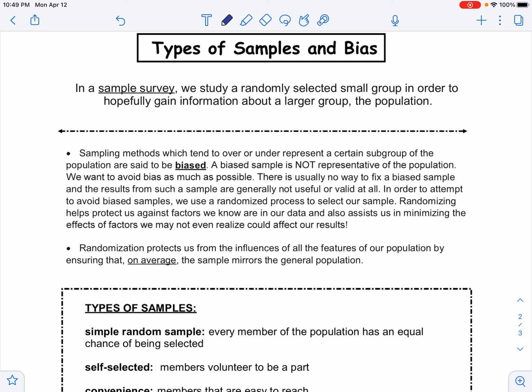And so you just need a sample. In a sample survey, we are studying a randomly selected small group in order to hopefully gain information about a larger group, the population. So if I could test the small group, then I could make some generalizations about everybody together.